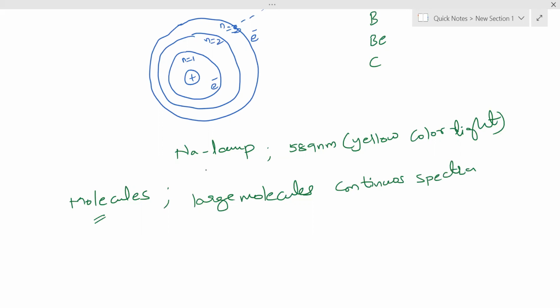This is how the spectra of molecules is different from atomic spectra.